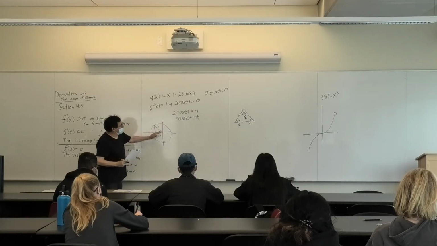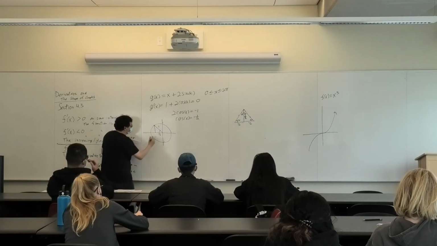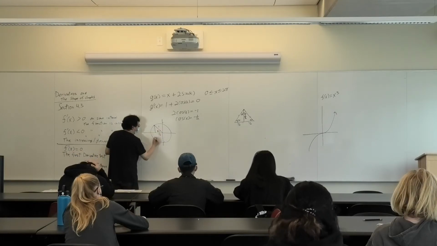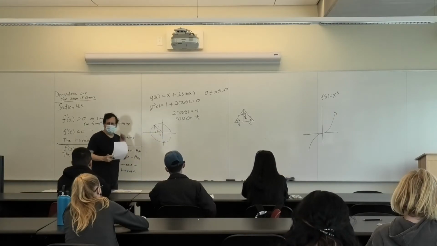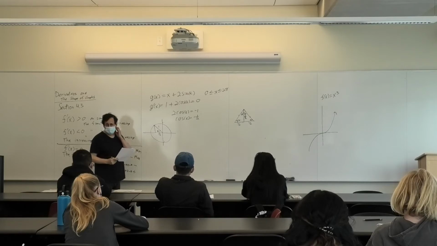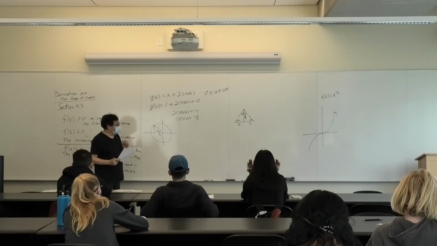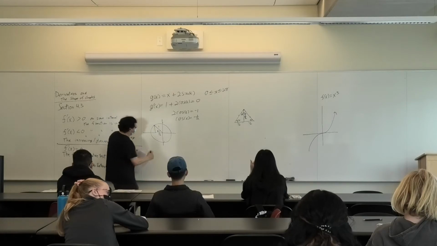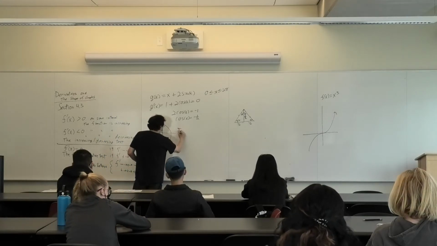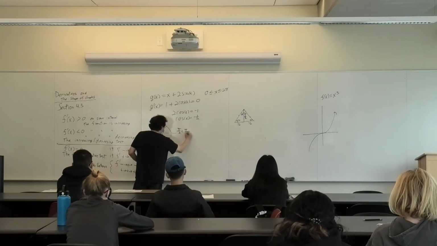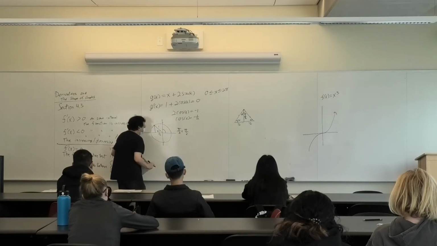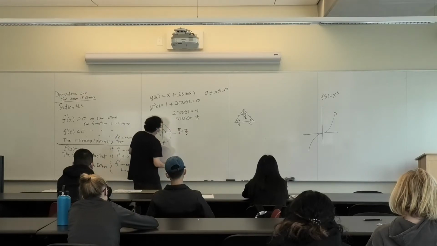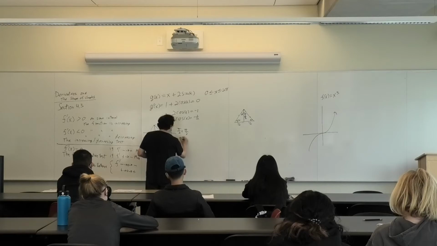So here we have that 30, 60, 90 triangle. 60 degrees is pi over 3. So we have pi over 3 plus pi over 2. That's the way you get pi over 6. I think that's right.